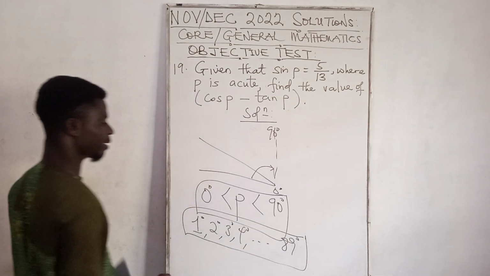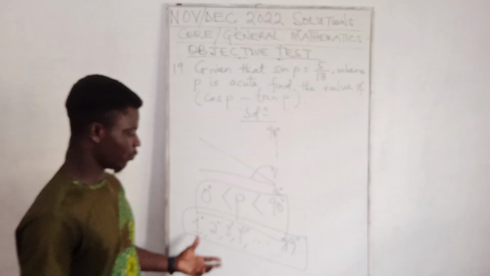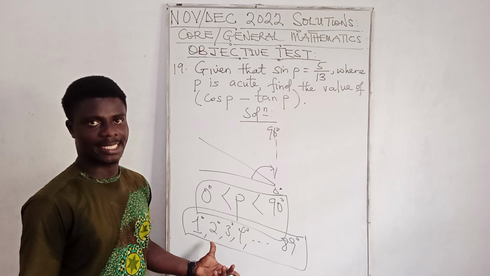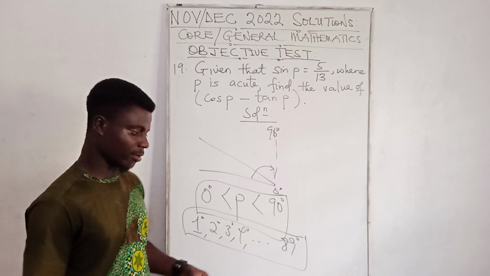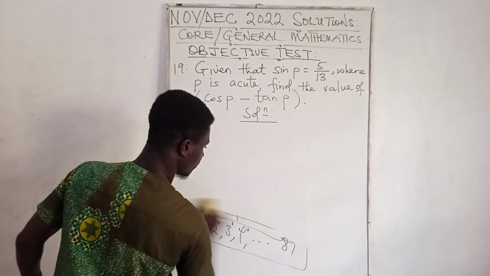So p must be within this range if and only if p is an acute angle. All right, so now let's proceed.